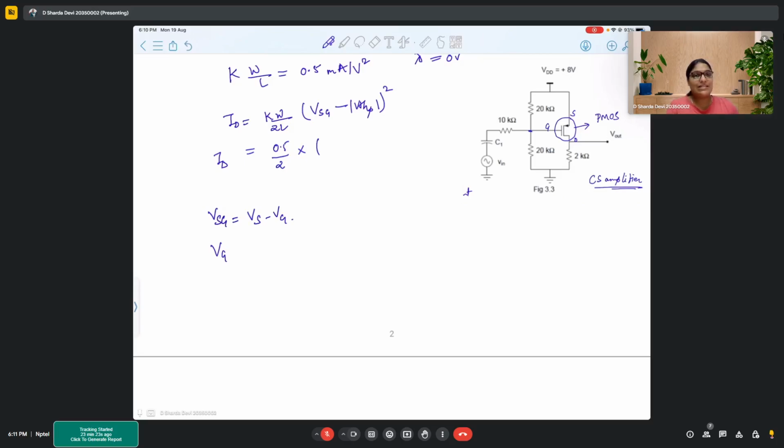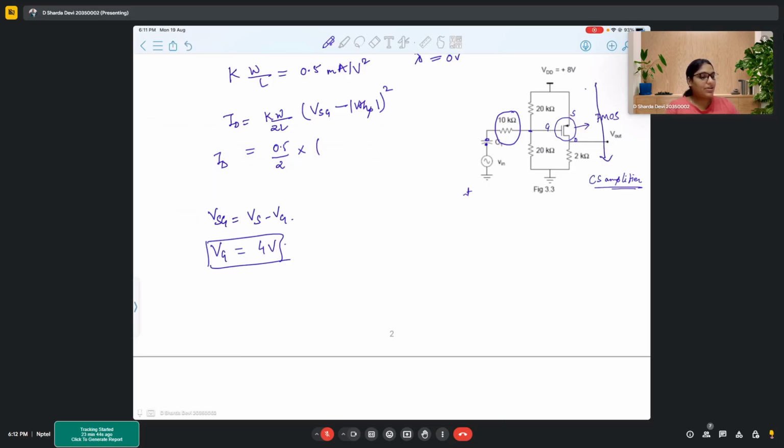Since it is a DC bias, this capacitor is open circuit, so this particular resistor will not be considered. So from 20 kilo ohms to 20 kilo ohms, we get VG as 4 volts.